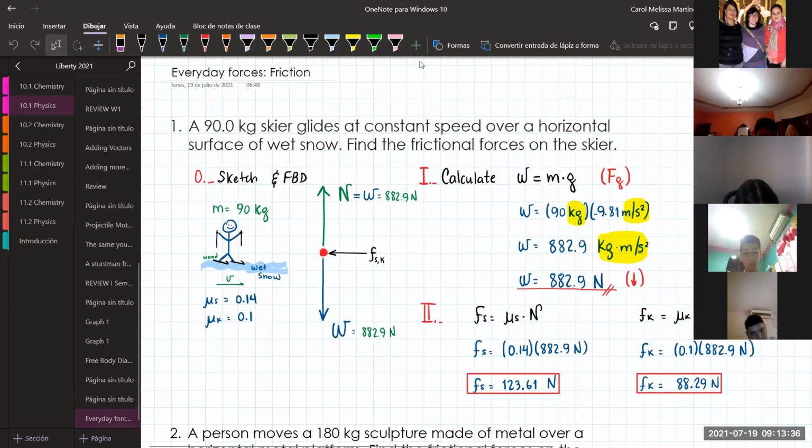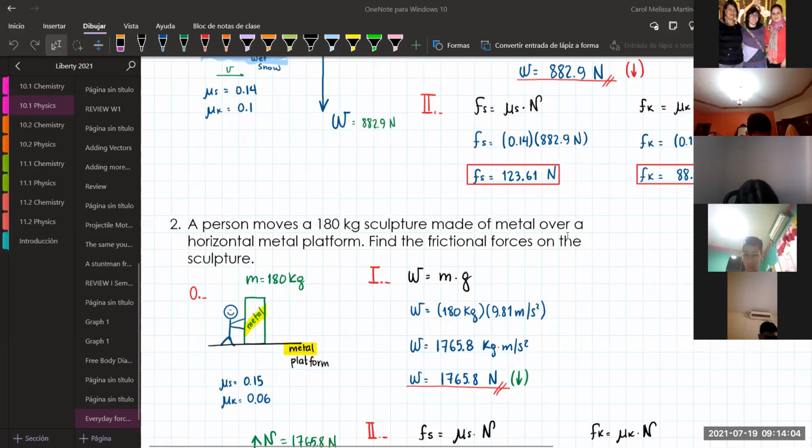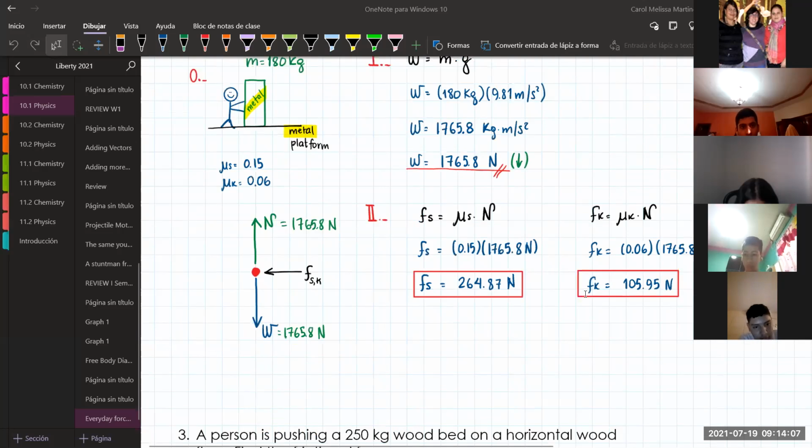These are the two topics that the quiz will be about on Wednesday, and it's going to be 10 points. So remember to review the exercises. Use the calculator again just to check that you are getting the same answers as we did in class. And if you have any doubt on something, you can ask me. Okay? So I don't know if you have a doubt on today's exercises.